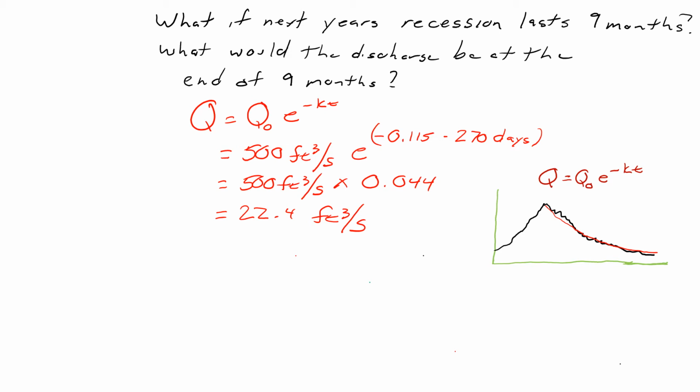Now, remember, when you see equations like this designed to mimic nature, these are just best fit. They're best approximations, okay? They have some assumptions built in. You see the shape of this red line?